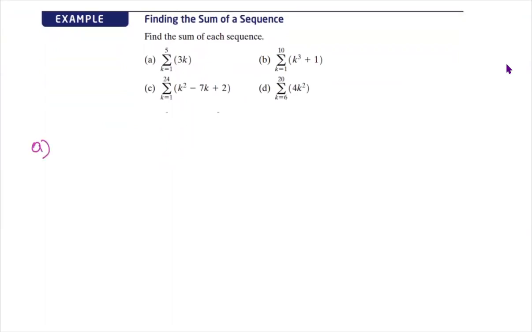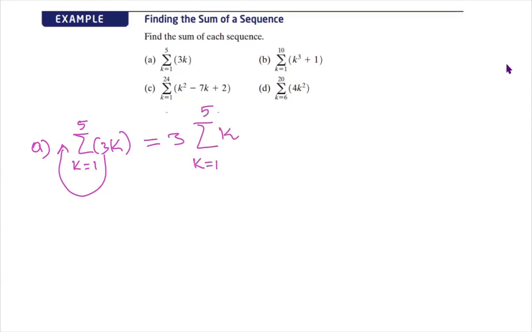A, we have the sum for k from 1 to 5 of 3k. Well, we can pull the 3 out because it's constant. So that is 3 times the summation for k from 1 to 5 of k.